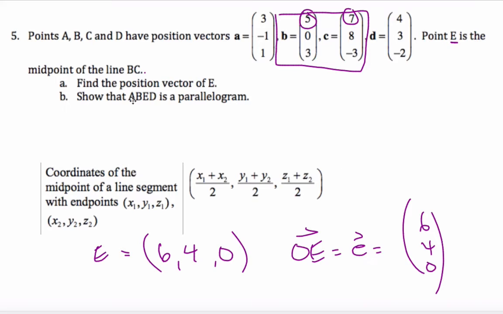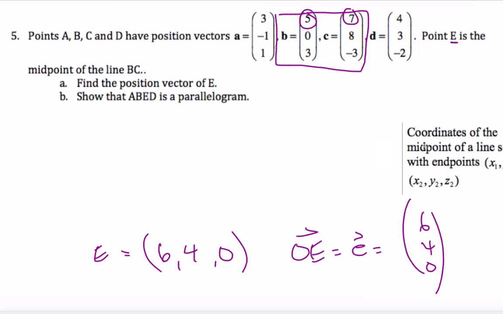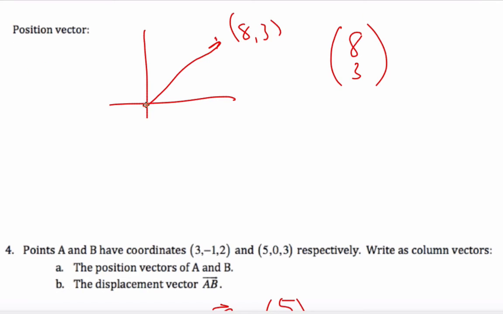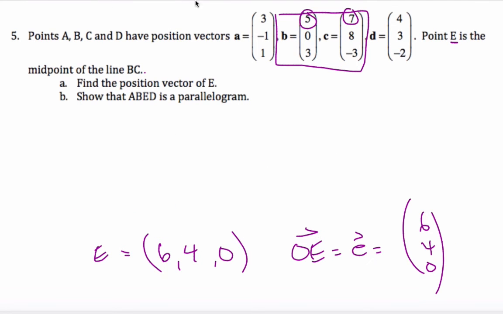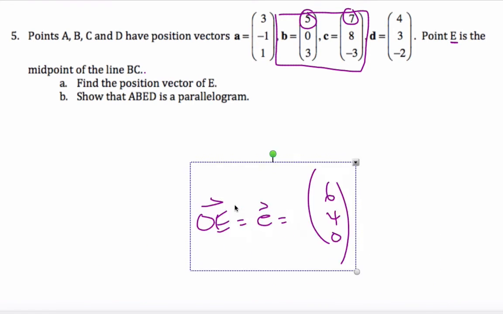With that, I now want to show that ABED is a parallelogram. When we make parallelograms, we have to consider the order that we do it in. So let me move this over here.